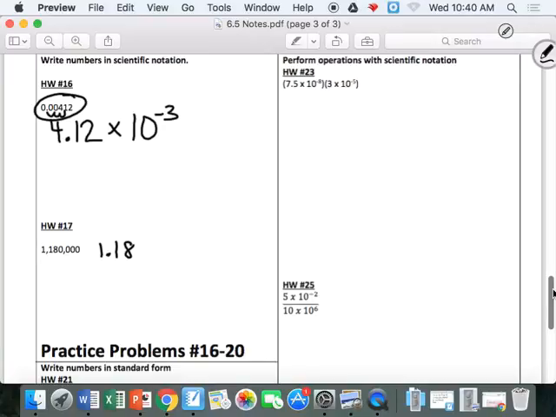My decimal started at the end if I didn't see one. It's always at the end if you don't see it. How many times did I go? 3, 4, 5, 6. So it'd be times 10 to the 6. Because this number wasn't a decimal to start with, it's a positive 6.